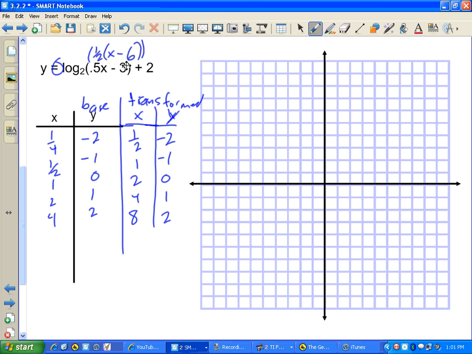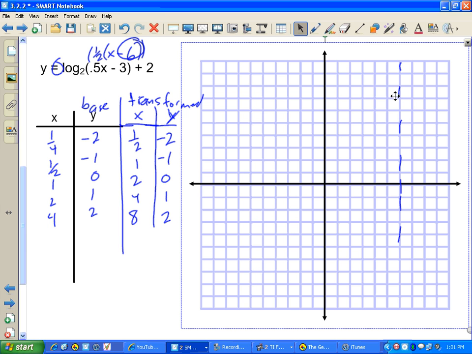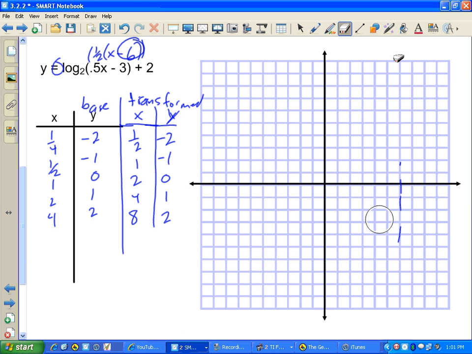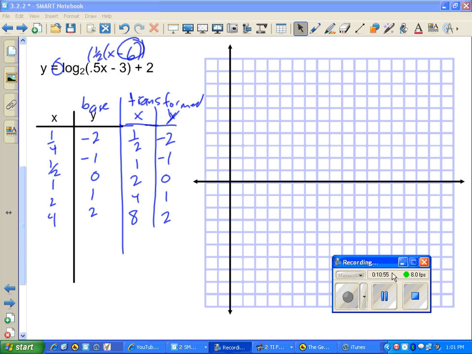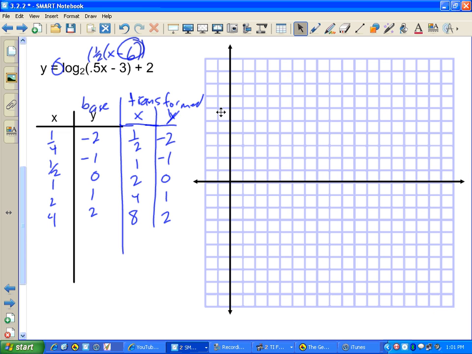I just need to find my start point. So my start point is going to be to the right 6. 1, 2, 3, 4, 5, 6. So that's my vertical asymptote. Here, I'm actually going to change my graph a little bit so we can get all this on there. I moved my y-axis over a little bit so we have a little more room.